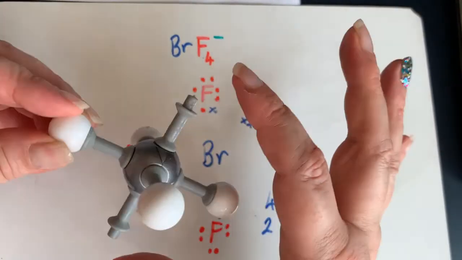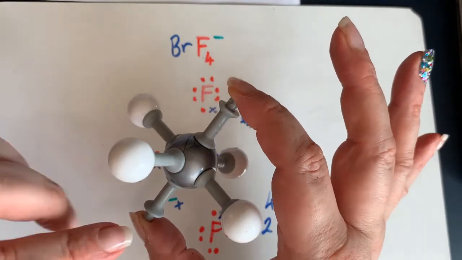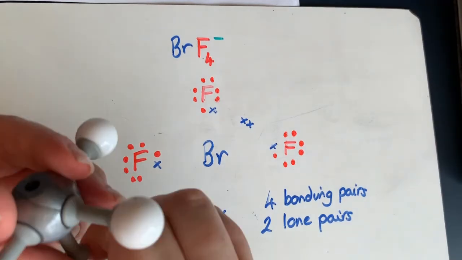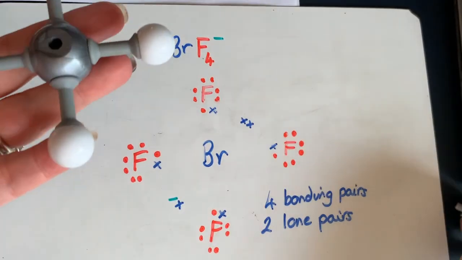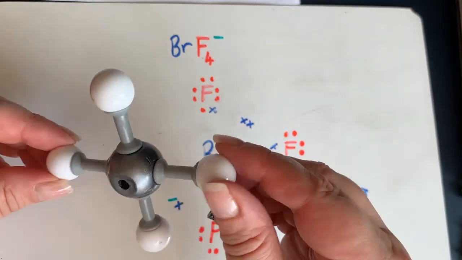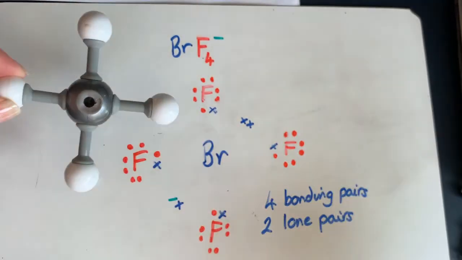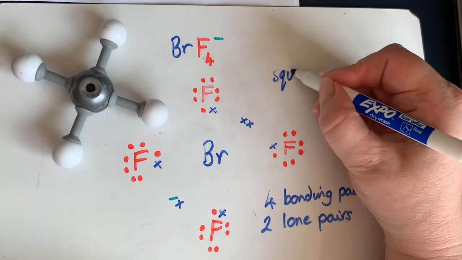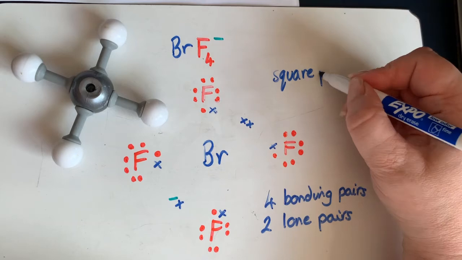The orbitals are octahedral, but the actual atoms, if you ignore that, the atoms themselves are all in a plane, and we've got a square in a plane, so the shape of that would be square planar.